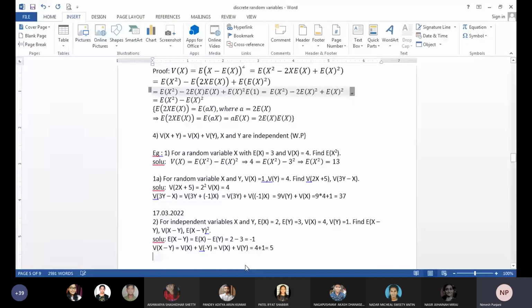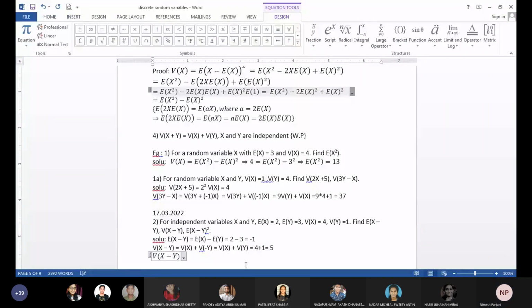Okay, so variance of x minus y is expected value of x minus y the whole square minus square of the expected value of x minus y. Okay, wait, I'll have to put one bracket.